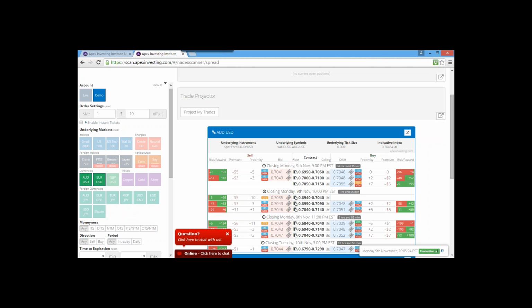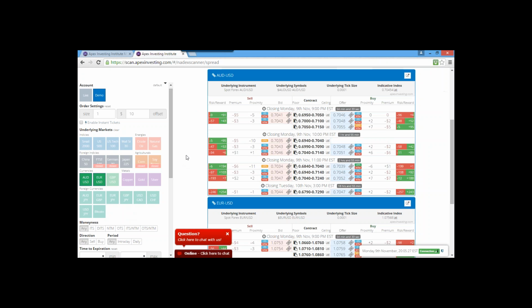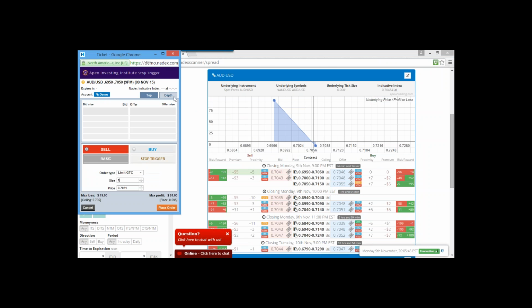If you're new to this scanner, you're just like, what is this? This is just too much. Wait, what's going on? But it's that simple: floor and ceiling, buy and sell, proximity, premium, risk reward. If you go over to the Nadex platform and click a ticket for a spread, what does it tell you?